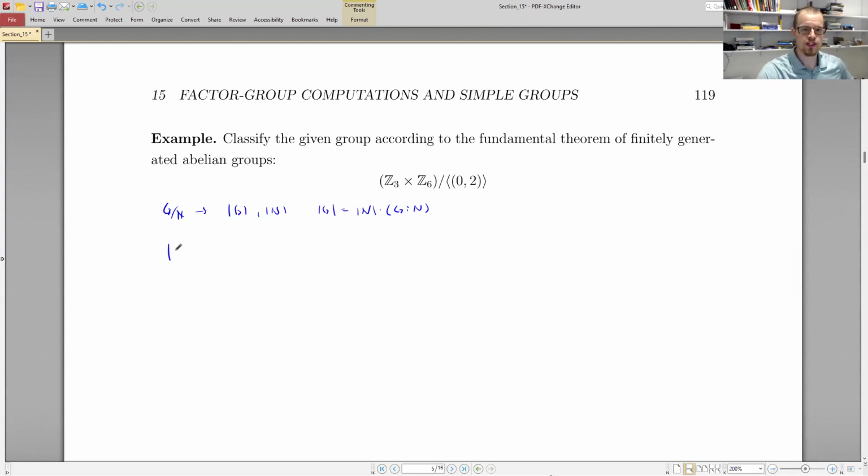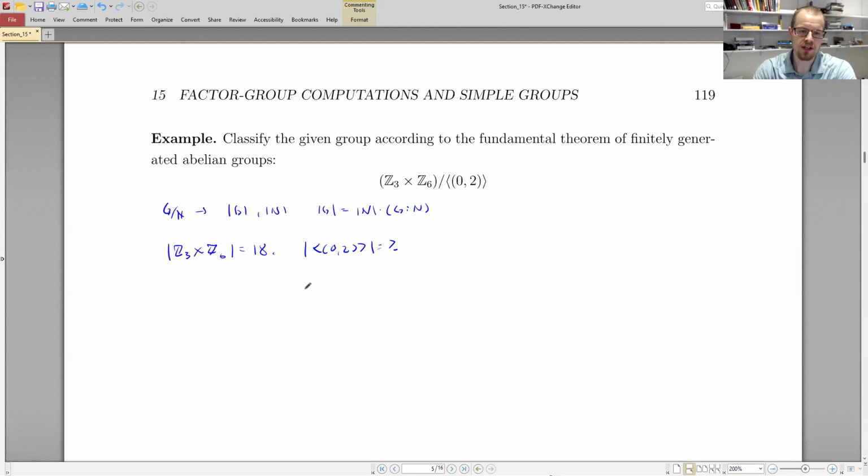So in this case, I want to recognize that the order of Z3 direct product with Z6 is 3 times 6, which is 18. Easy enough. Then I want to recognize the order of the subgroup generated by (0, 2). Well, I can either write out the elements that are in it, or I can use the order of these two individual pieces to determine the order of that subgroup.